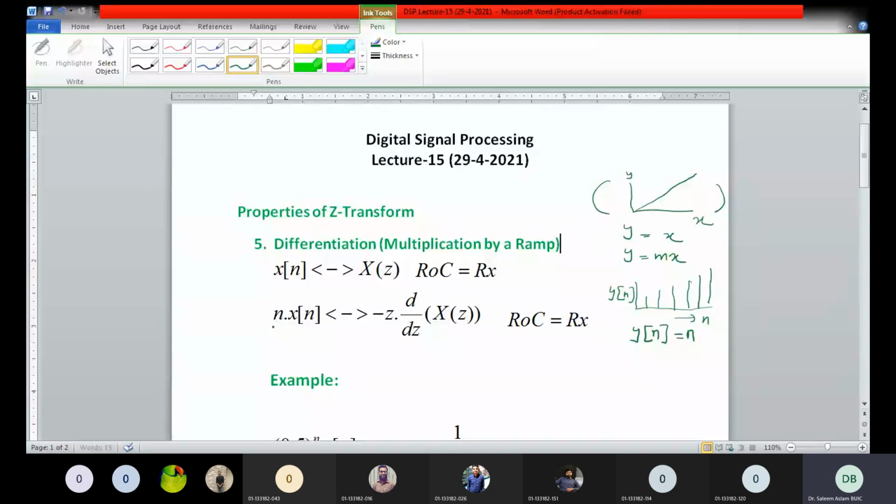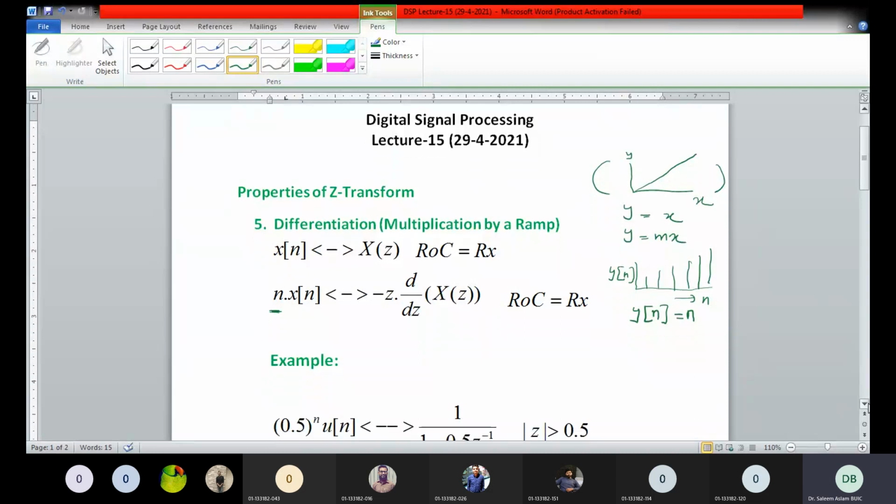That's why we say this is the multiplication by a ramp property, because we are multiplying our x of n with the ramp function n. It is equivalent to multiplying x of z by minus z and differentiating with respect to z. Now let's solve an example. It will further clarify our concept about this property.